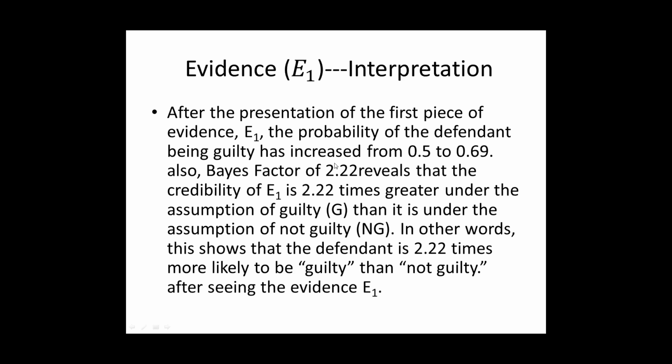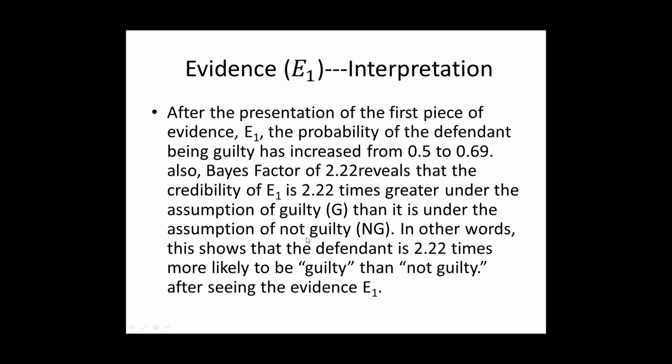This time the Bayes factor came out to be 4.76. So the credibility of the second evidence, based on the presumption of guilty and after the evaluation of E1, is 4.76 times more than under the presumption of not guilty.